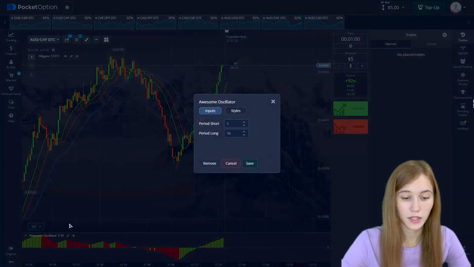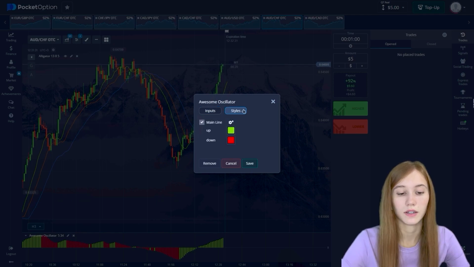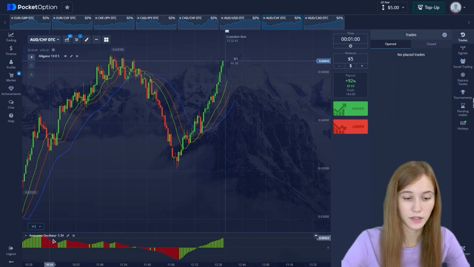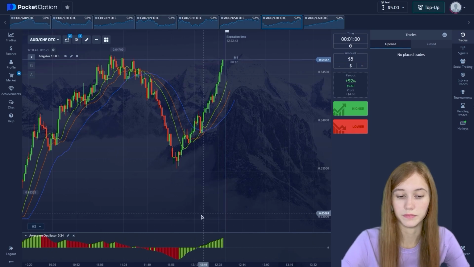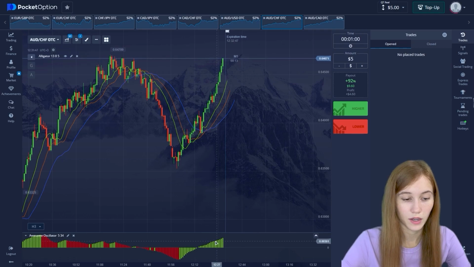And the second indicator, the oscillator, is located at the bottom of the screen. Its settings, I won't show for long. This is an indicator that mirrors the mood of our market. It shows what the market is like at the moment.